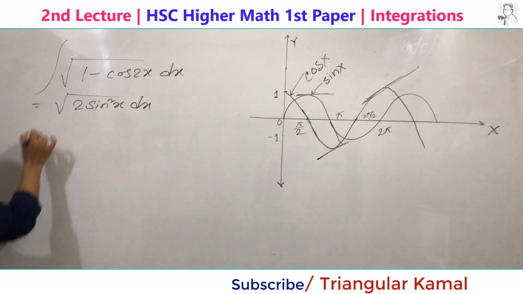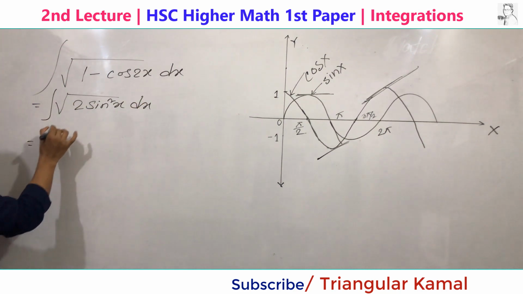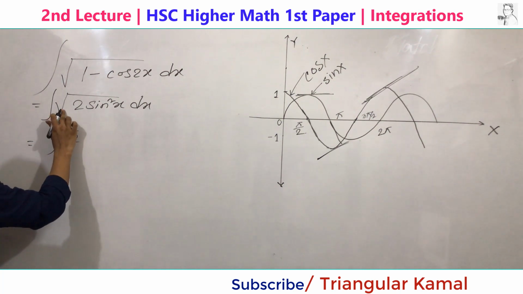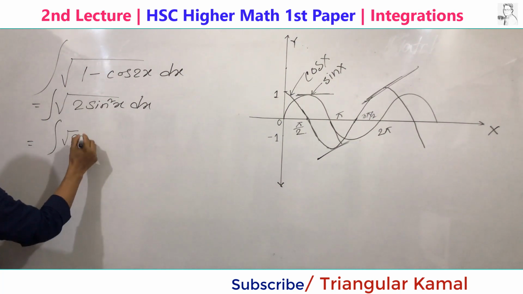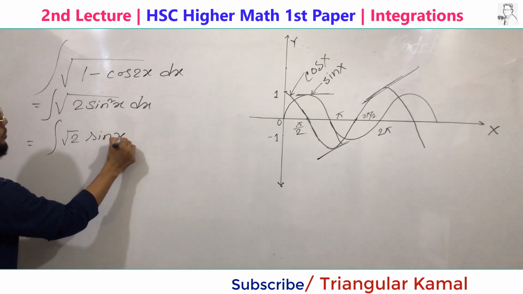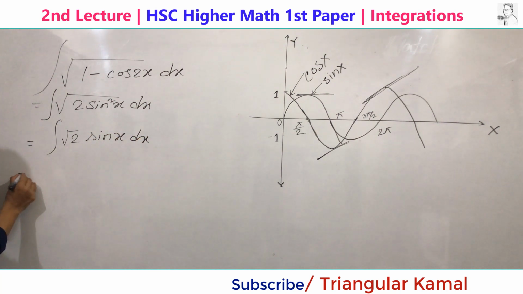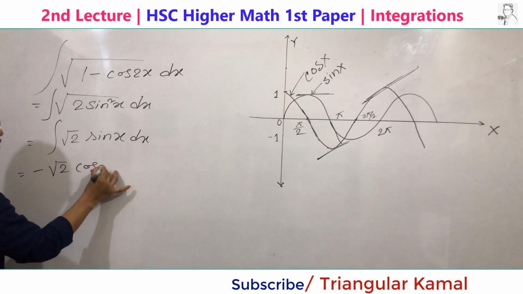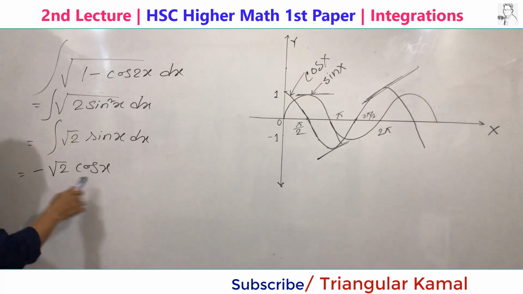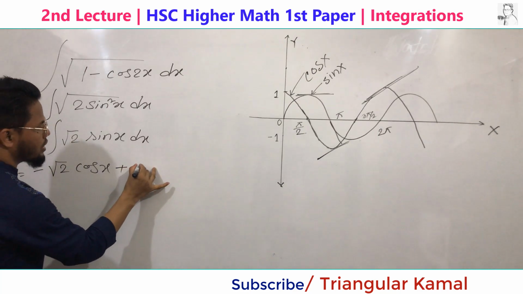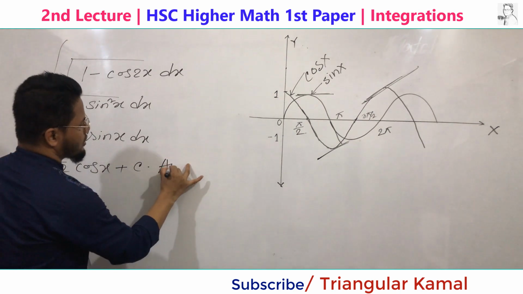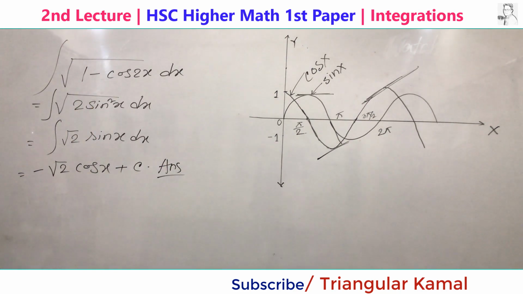Now for the integration, root over 2 remains the same, eliminating square and root, we get sin x dx. The integration of sin x equals minus cos x. After completing the integration, we have to add a constant. So this is our answer for the first one.